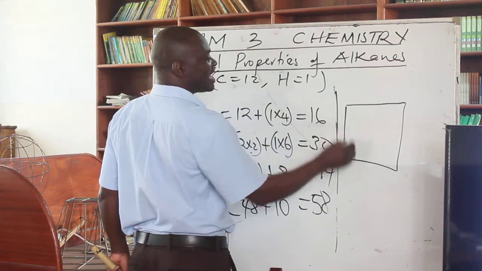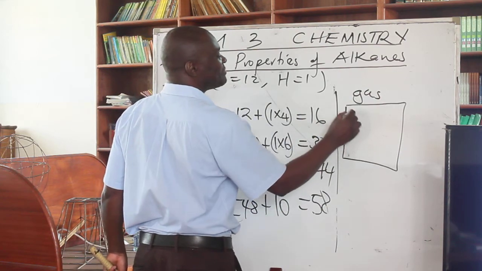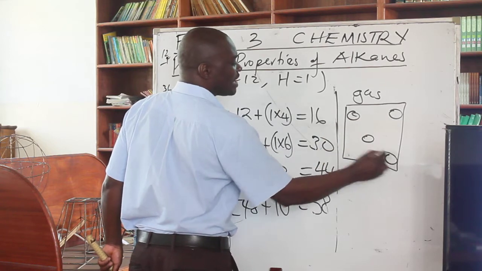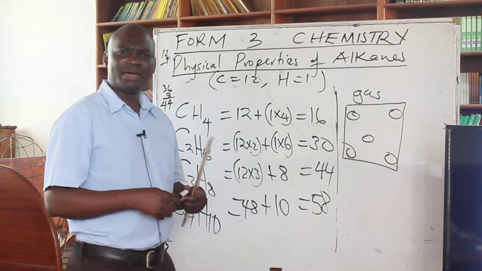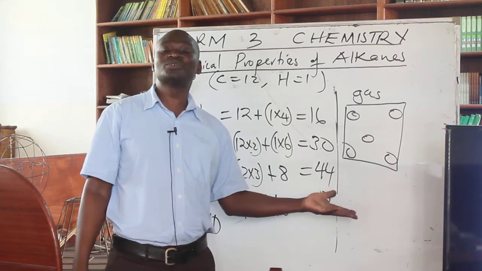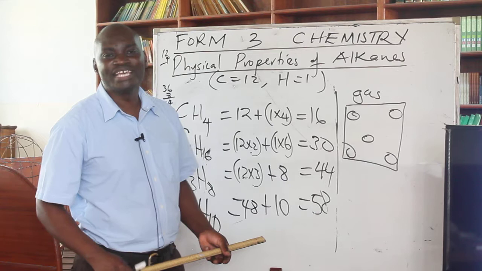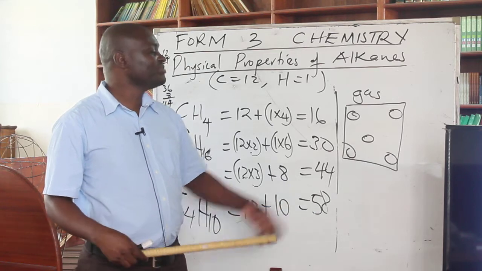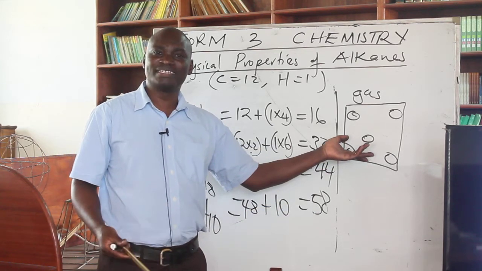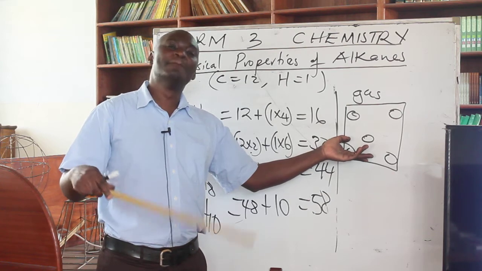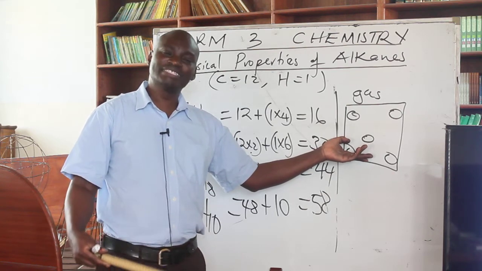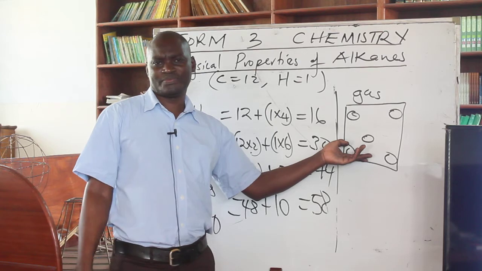For a gas, the particles are far apart. But do the particles choose to be far apart? It is not their choice. What makes the particles far apart are the intermolecular forces of attraction.